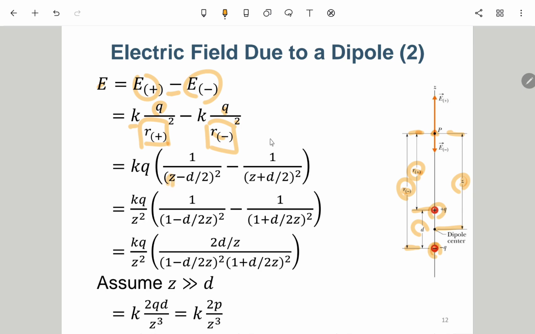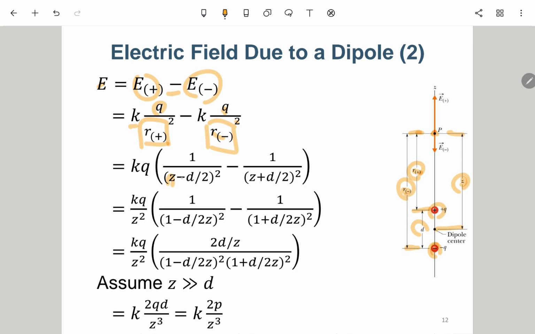In such a way, it is a very simple geometry problem. R plus should be Z minus half of D, and Z plus half of D will be R minus.